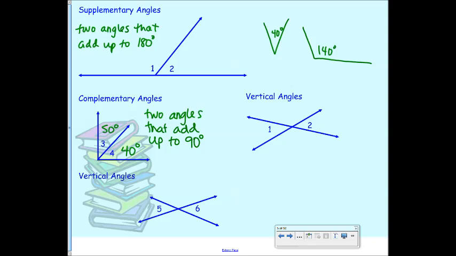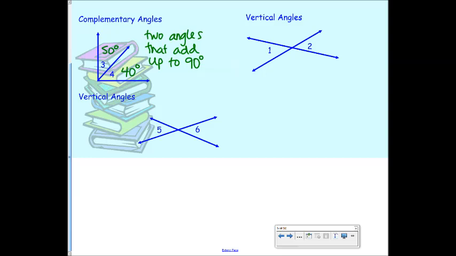All right, what do you think vertical angles are? If you had to describe it to me. What's happening with 5 and 6 here? They're across from each other. They share a vertex. They're opposite of each other.